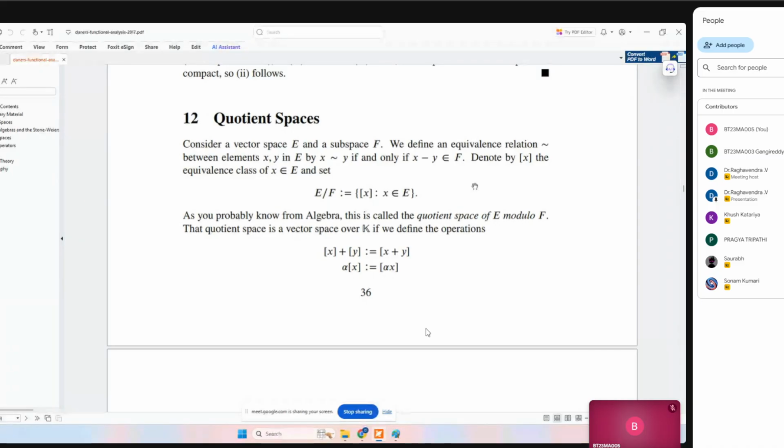And we define bracket x as the equivalence class. This is an equivalence relation. Should I write it or leave it? Let me know quickly.